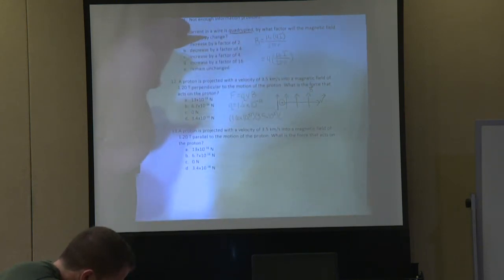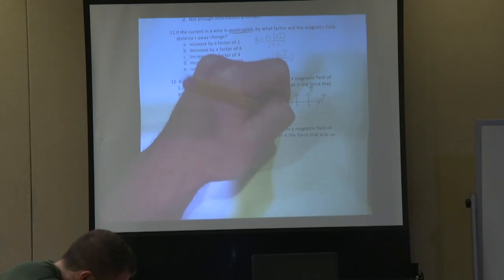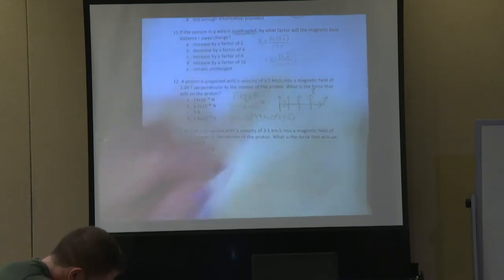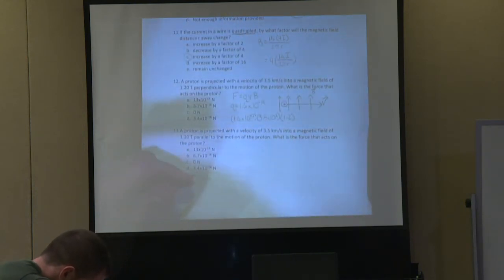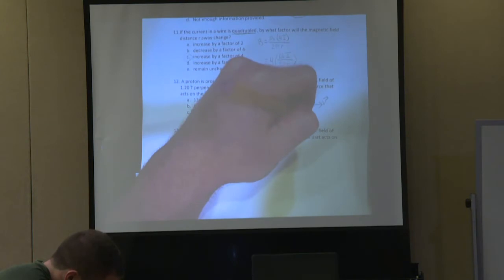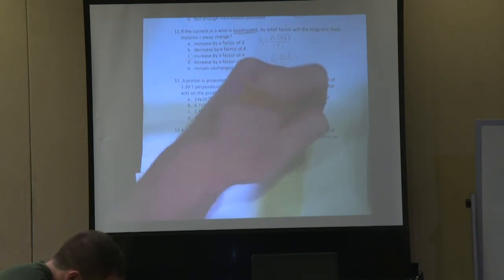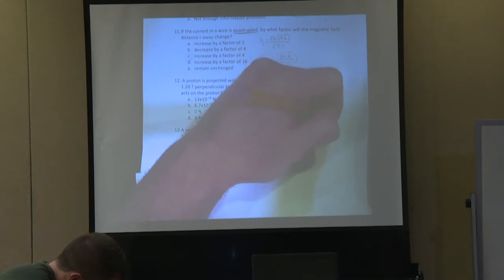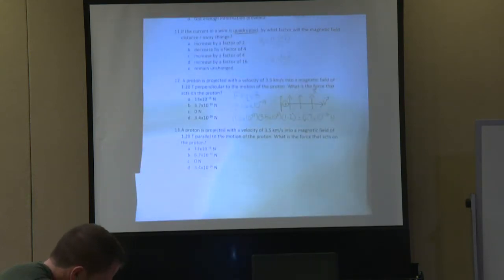Times the 1.2. Which will give a value of 6.7 times 10 to the negative 16th newtons, and that would be option B.